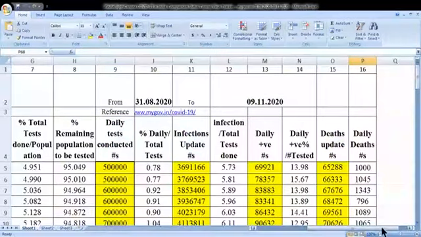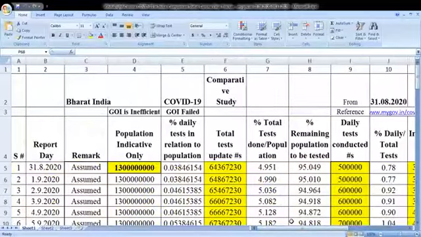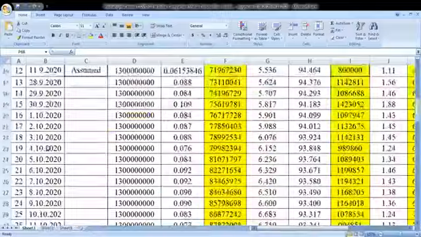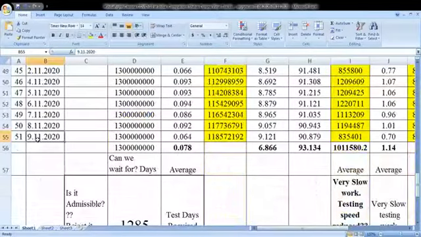Now let's go further. What I actually try to say: the first point is the serial number, that's 1 to 51, meaning 51 cases are there, including today, that is 9/11.